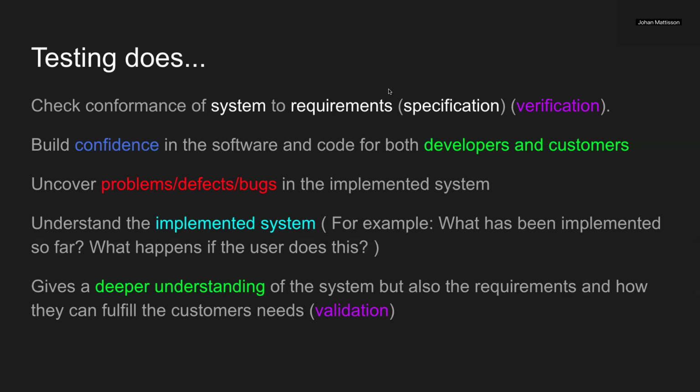Usually when I start going into a new system, I tend to take a look at the tests and see how they match the implementation. This can lead to a deeper understanding of the system.